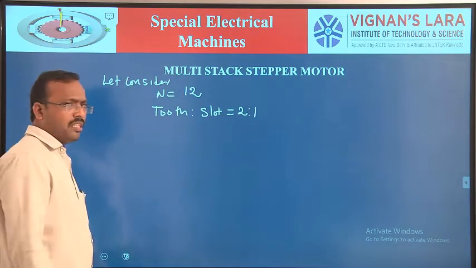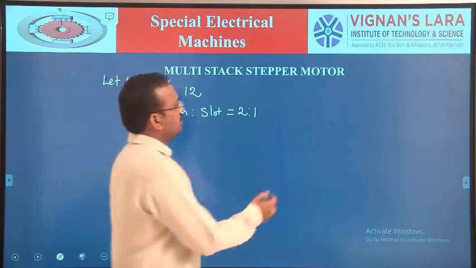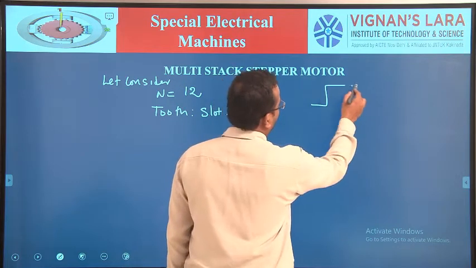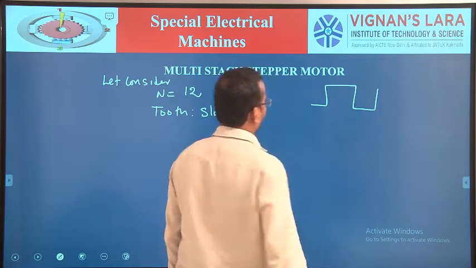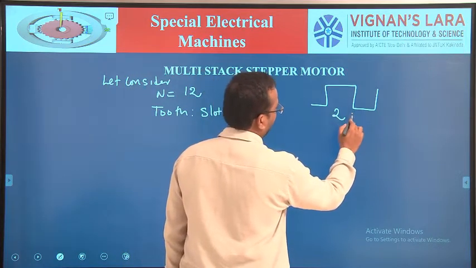That means the tooth is 2 percent, the slot is 1 percent.